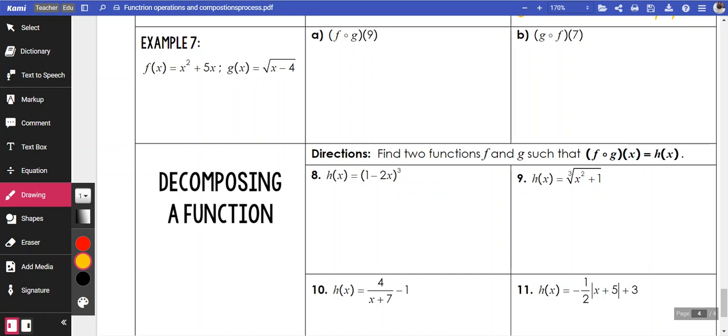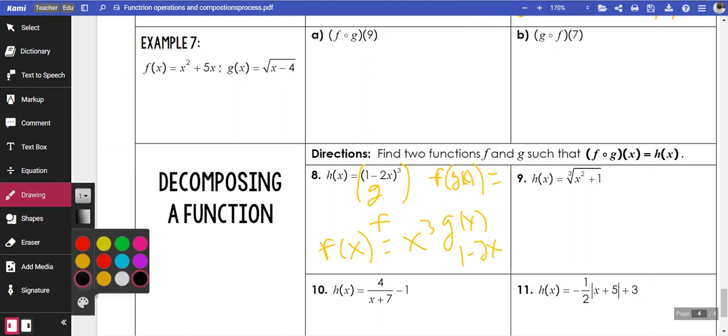So when you think about it, f of g of x gets you that guy right there. So really work from the inside out. This 1 minus 2x is the inside, so this is probably my g function. And the stuff outside might be my f function. So my f of x function is going to be x cubed and my g of x function is going to be 1 minus 2x. Make sense? Probably not. Let's do another one.